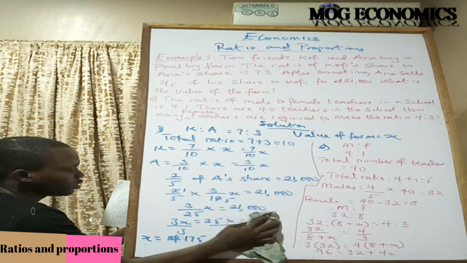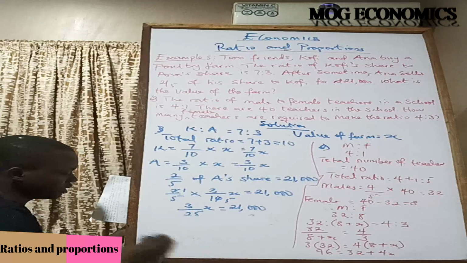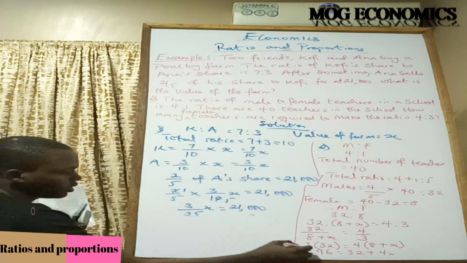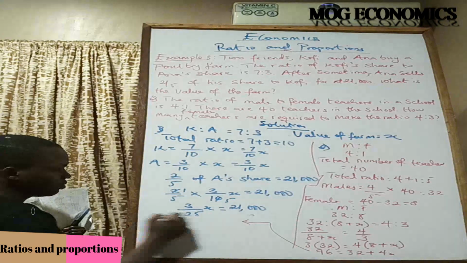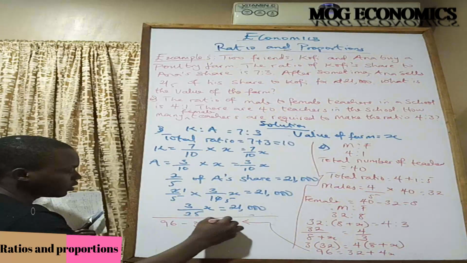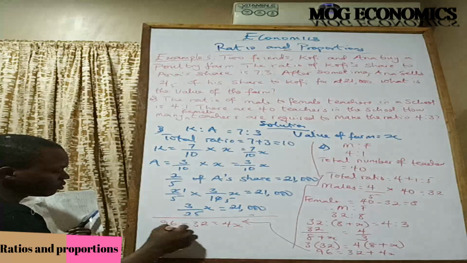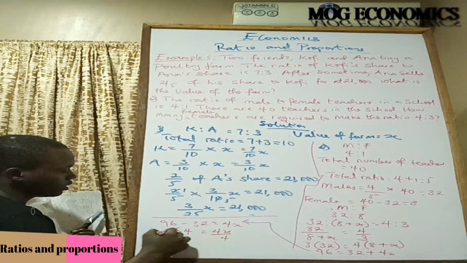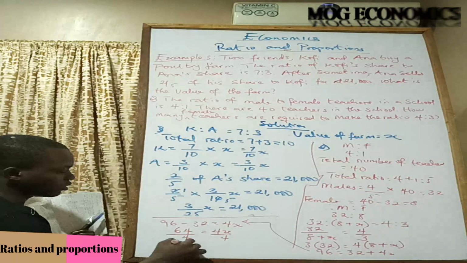Let me just rub this place off. It is enough for what we want to do. So 96 minus 32 equals 4x. That should be 64. 64 equals 4x. Divide by 4, divide by 4. x equals 16.